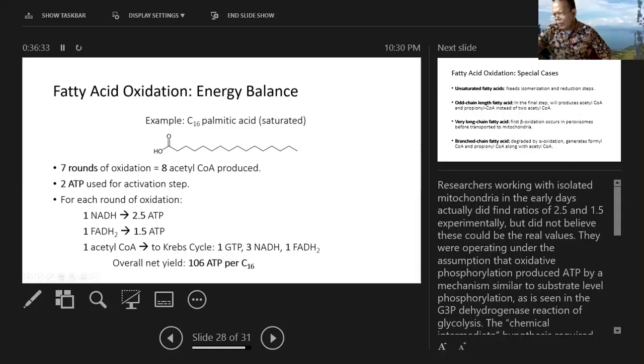For each round of oxidation, 1 NADH equals 2.5 ATP, 1 FADH2 is equivalent to 1.5 ATP, and 1 acetyl-CoA will enter the Krebs cycle. Then the Krebs cycle will produce 1 GTP, 3 NADH, and 1 FADH2. The overall net yield of this reaction is 106 ATP per C16.